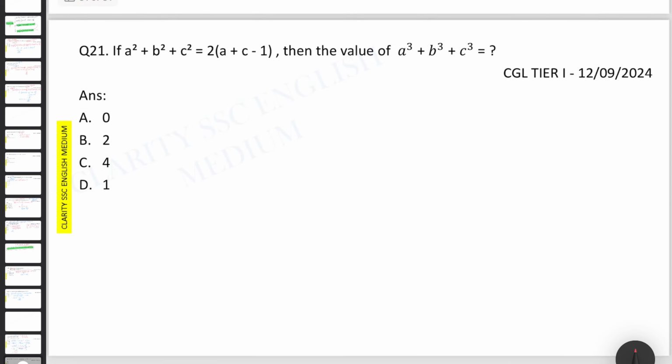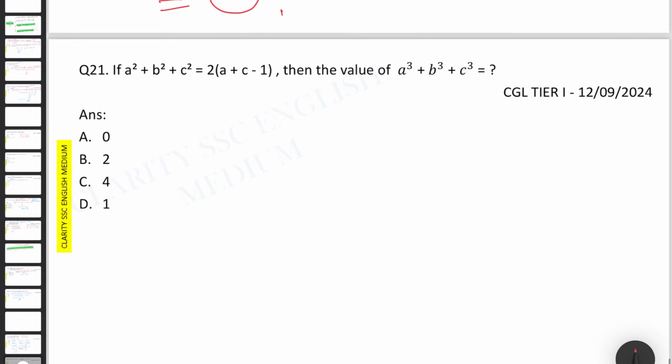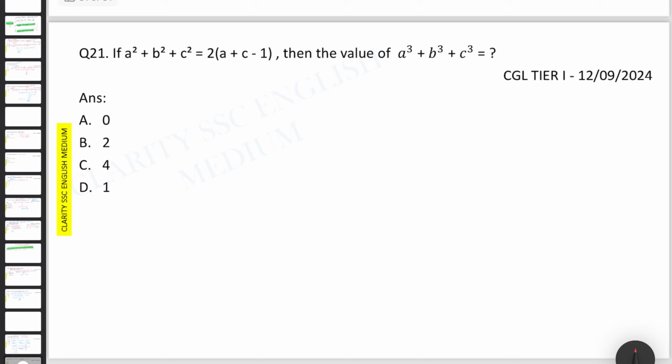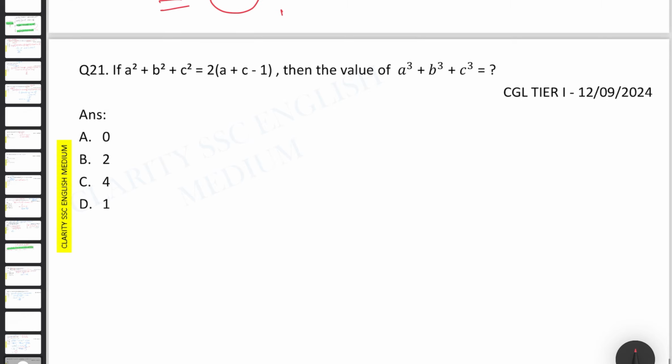Let's see the next question. Next question says, if a square plus b square plus c square is equal to twice (a plus c minus 1), then find the value of a cube plus b cube plus c cube. This one was asked in the CGL examination 2024. Let's see this.